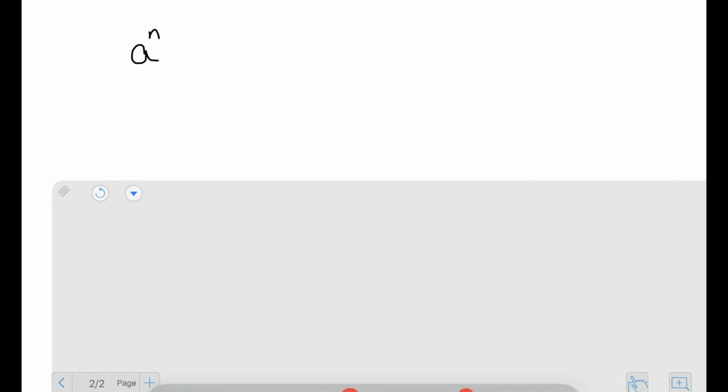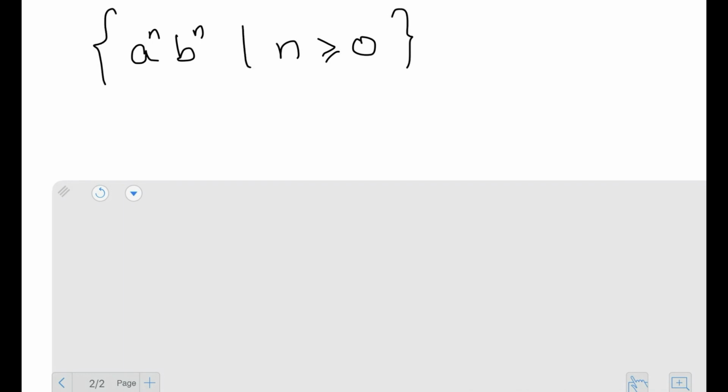So what I'm saying is that a to the power n, b to the power n, where n is greater than or equal to 0, is not a regular language.